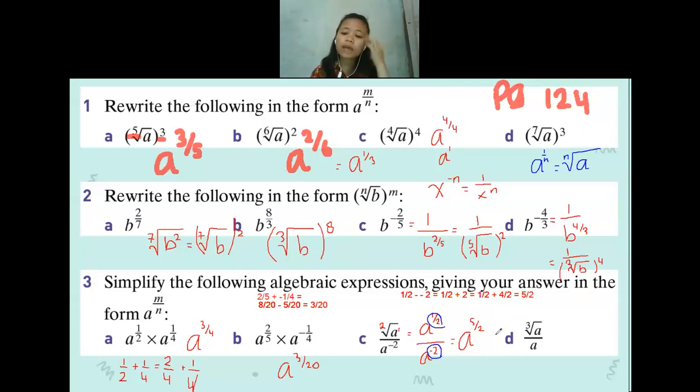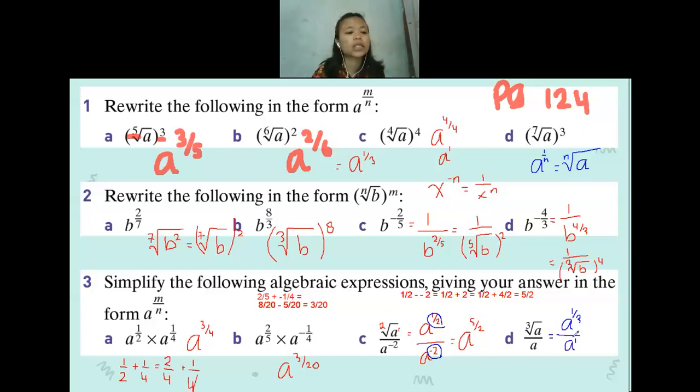For question D, we have cube root of A. Cube root of A will be equal to A to the power of how many? A to the power of 1/3, divided by a. If there is no number, it means it has a power of 1.